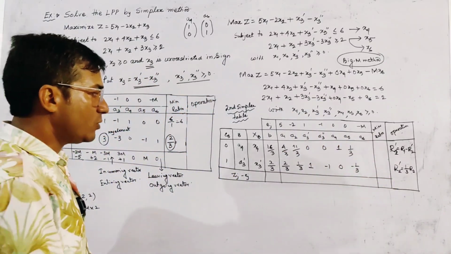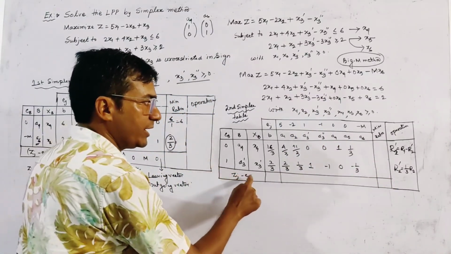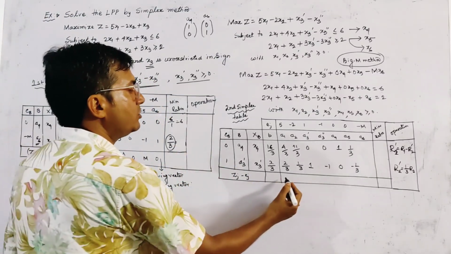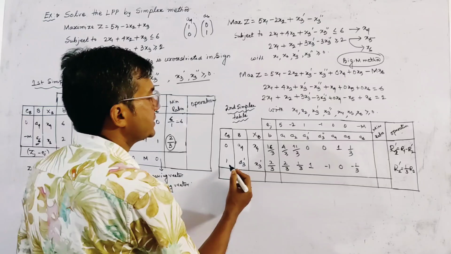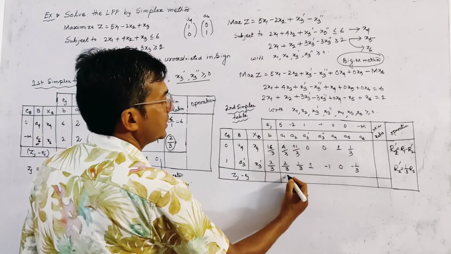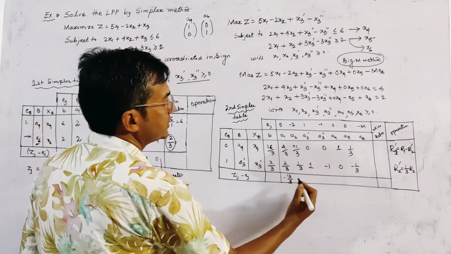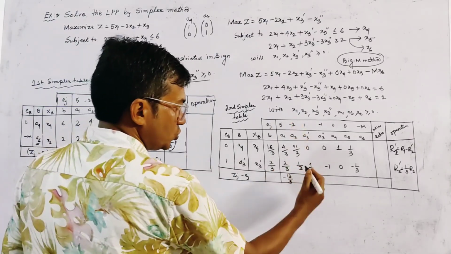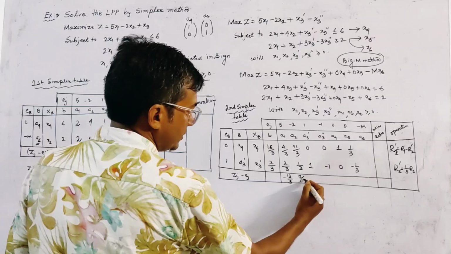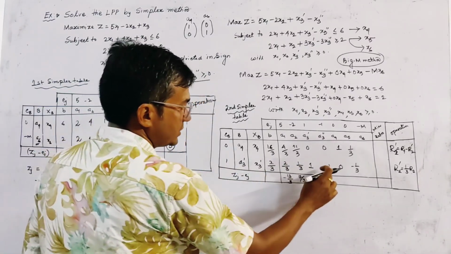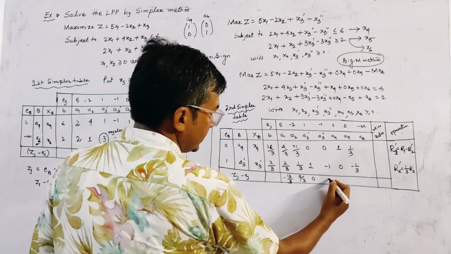Okay. Now again we calculate Zj minus Cj as above. The net evaluation for the first column is obviously 2/3 into 1 minus 5, and this is -13/3. And for the second, this is 1/3 plus 2. This is 7/3, and this is obviously 0, and this is given by 0 also.